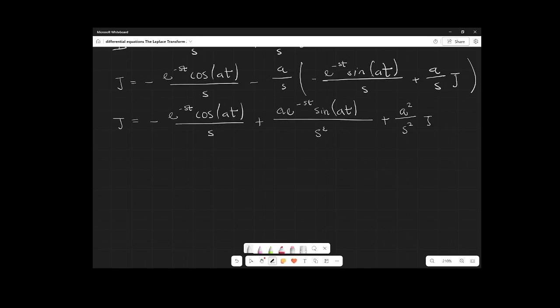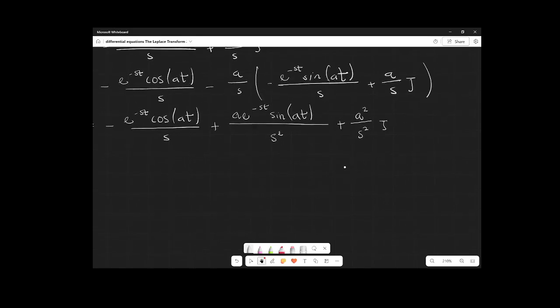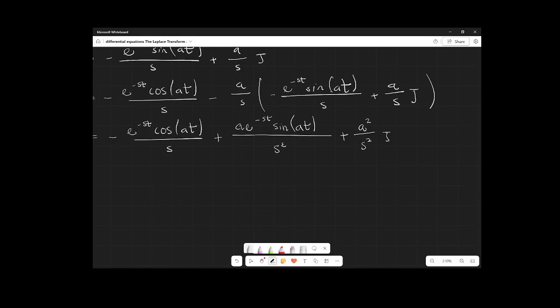And then so we're basically just going to subtract this here, actually after the distribution of this is negative, so we're going to add this to the other side.